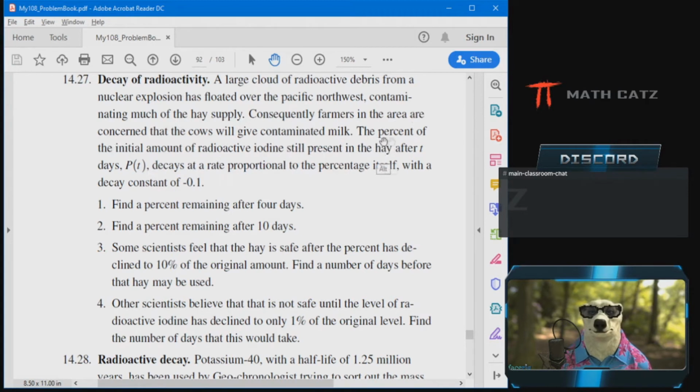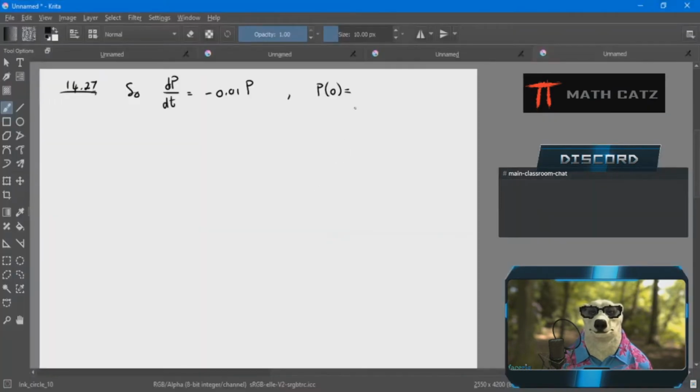They're concerned about the cows giving contaminated milk. They define P for me. It decays at a rate proportional to the percentage itself with a decay constant of negative 0.01. Now it's a little bit deceptive here because now the amount is as a percentage, so at the start there's 100% of the radioactive substance and then it starts decaying. So I'm going to start here with 100.